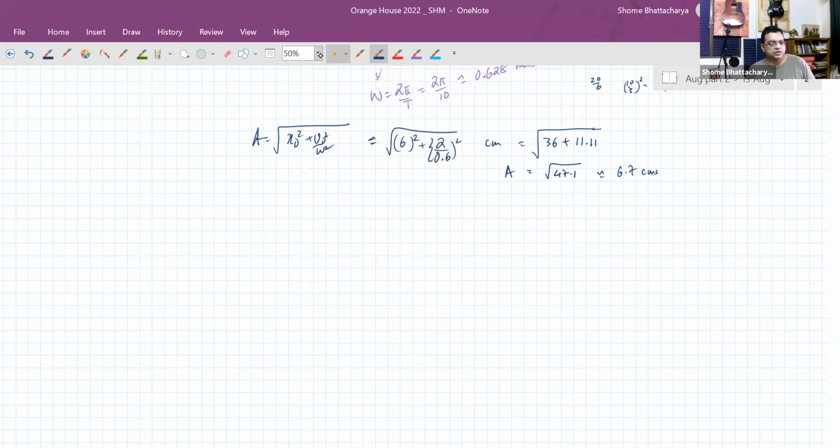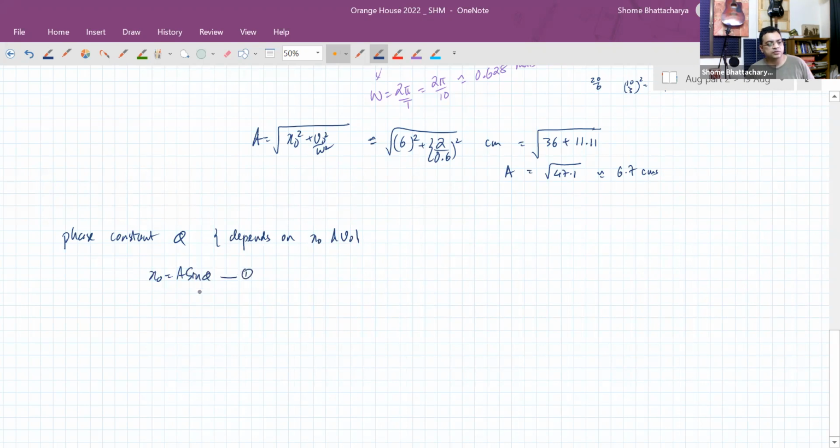So next thing we'll see is the phase constant, how that depends on the initial conditions. So we had the relation x naught is A sine phi. This was equation one we had written, and v naught is A omega cos phi.